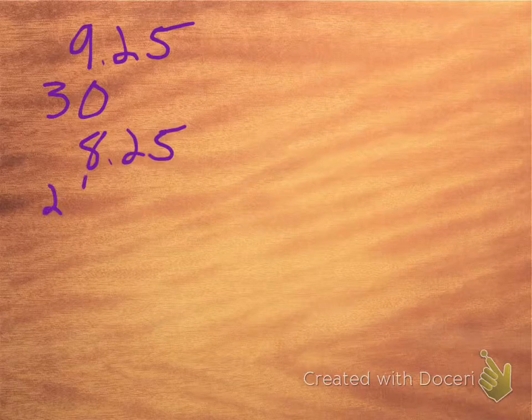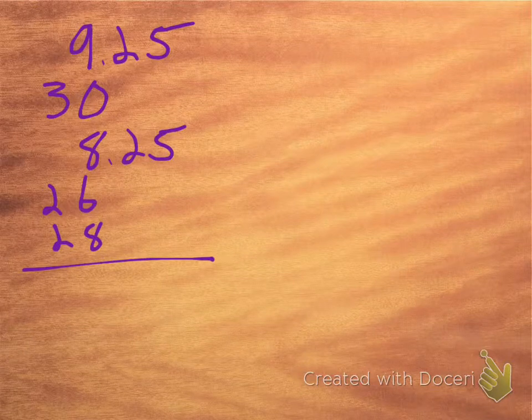And it's 30. So I'm glad I checked. Y'all might want to write that in there so y'all can make sure y'all know what it is. And you got 8.25, 26, and 28. These are all the circumferences.